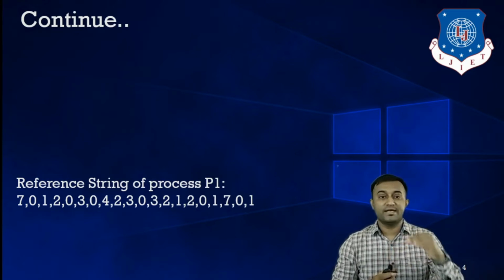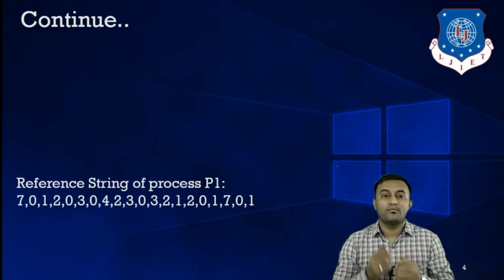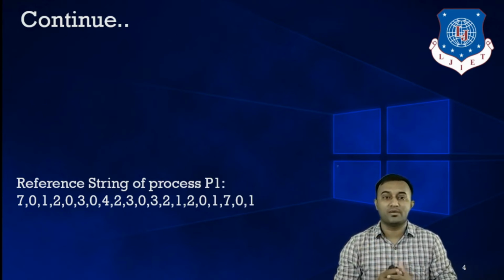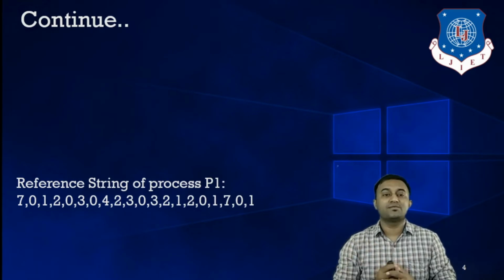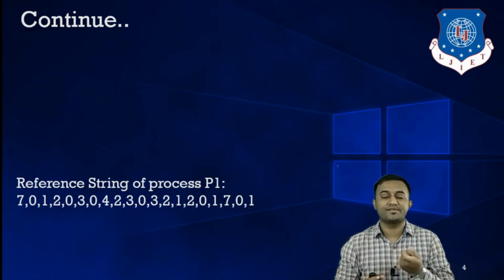This sequence needs to be followed while fetching pages from the secondary memory and putting them into main memory. The sequence is given to you as an input in your examination: 7 0 1 2 0 3 0 4 2 3 0 3 2 1 2 0 1 7 0 1. This reference string, or set of pages, belongs to a particular process.